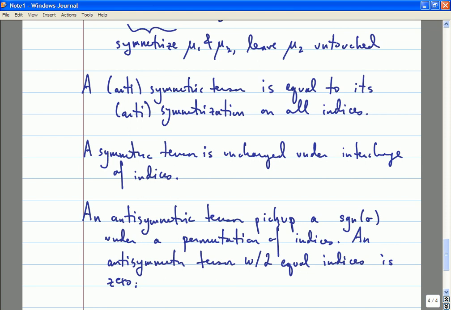An antisymmetric tensor picks up a minus sign every time you interchange two indices. So an antisymmetric tensor with two equal indices is equal to minus itself, so it has to be equal to 0. You're familiar with this because if you have an antisymmetric matrix, its diagonal elements are all 0. So this is just the generalization of that fact.